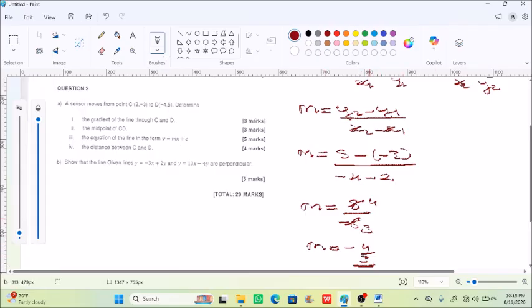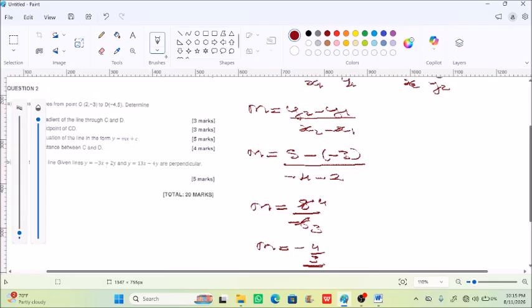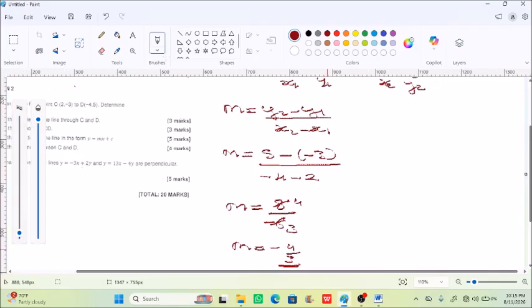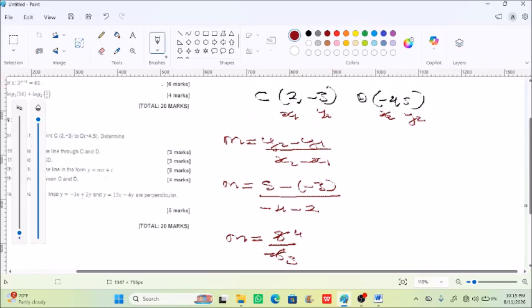Okay, so we go to the midpoint. How do you find the midpoint of CD? Let me go there so that I have the coordinates. The midpoint is equal to x1 plus x2 over 2, comma, y1 plus y2 over 2.